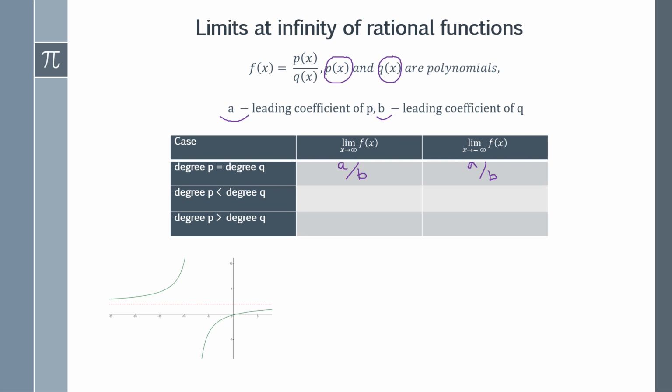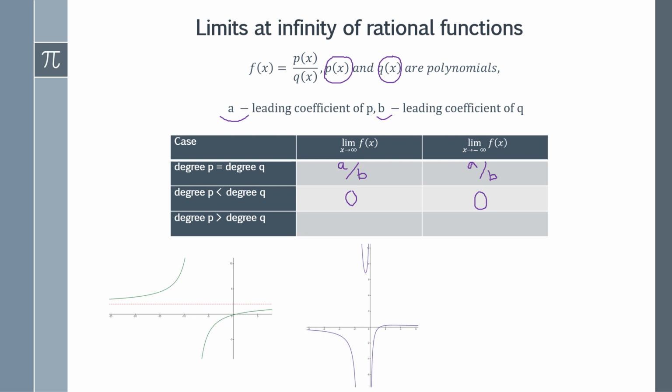Second case, when the degree of p is less than the degree of q. That is also a nice case to consider, because here we're just going to say it's going to be 0 for both limits. And again, we will see why that is true once we take a look at some examples.